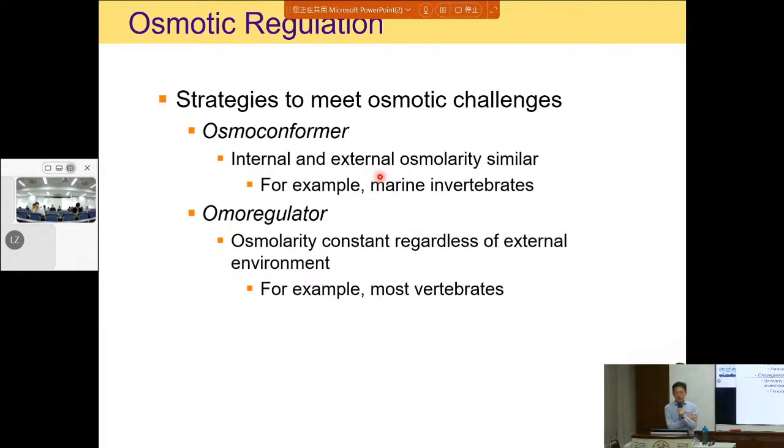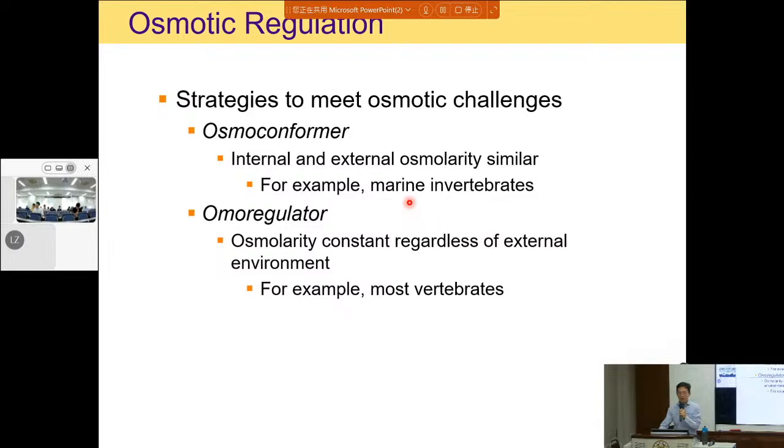In terms of osmoregulation, there are two main strategies among the animal kingdom. One is the osmoconformer. That means the internal and external osmolarity are similar, for example in most invertebrates. They basically do not regulate their osmolarity, and this strategy saves energy.